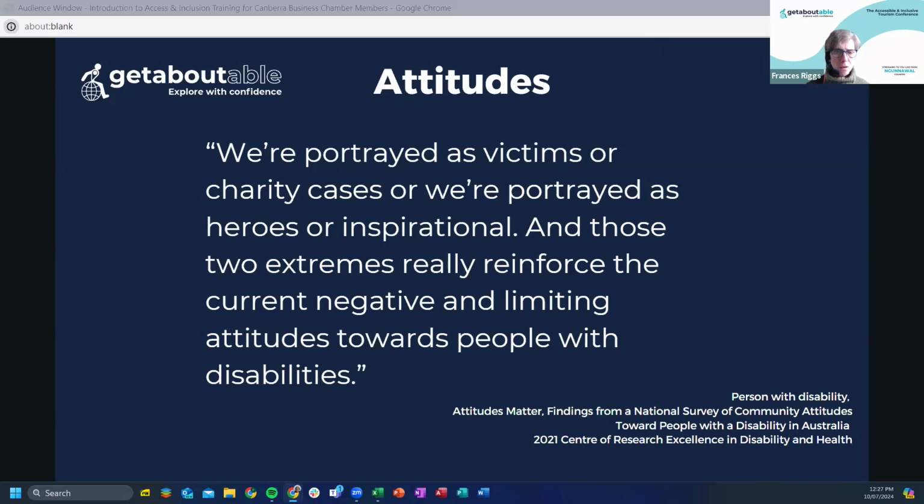Thanks, Melinda. So Melinda says it's very relatable. I find, though, for people with psychosocial disability, there is also a common response of fear and avoidance to that ongoing stigma. Absolutely.